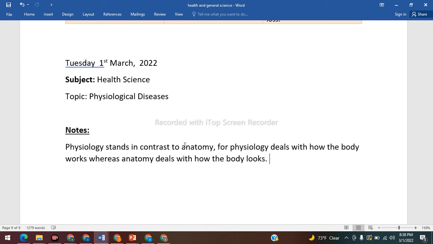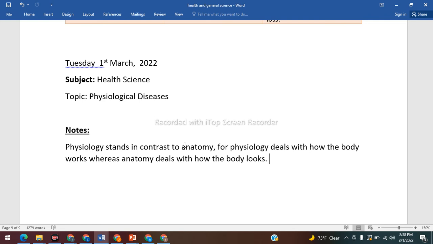Yes, ma'am. Scoliosis, polio. Allow me to define what a physiological disease is, and then hopefully you could answer that question once you understand what a physiological disease is.